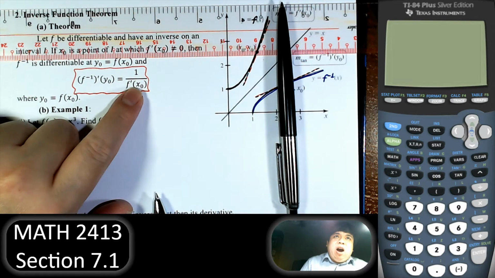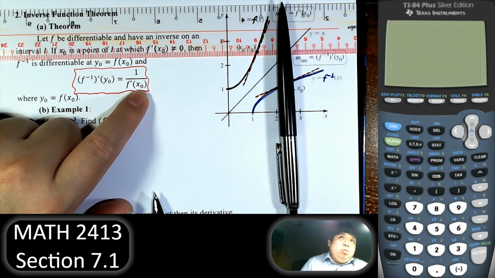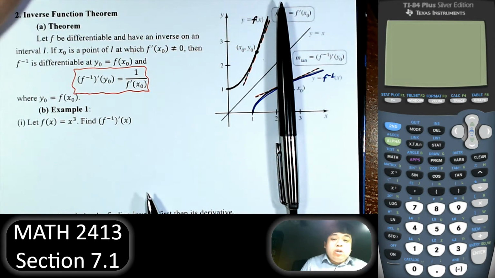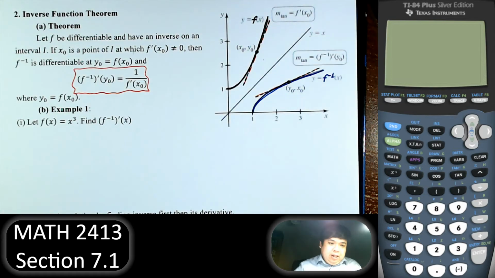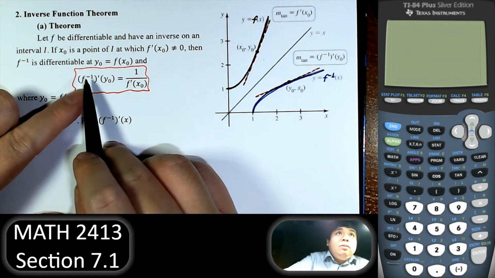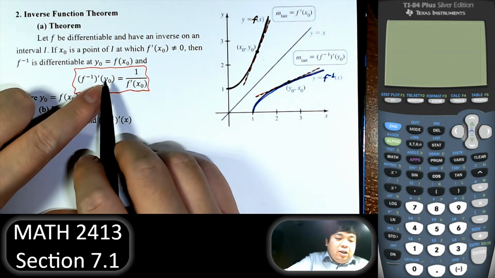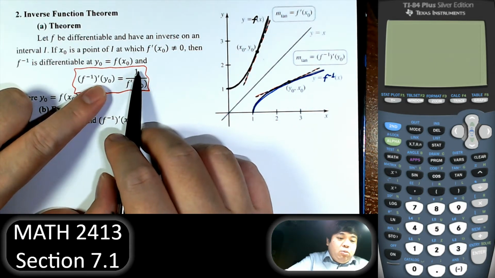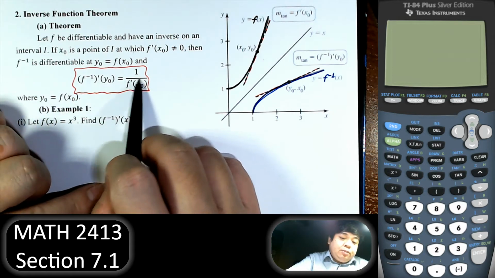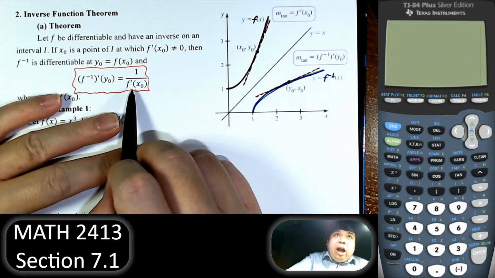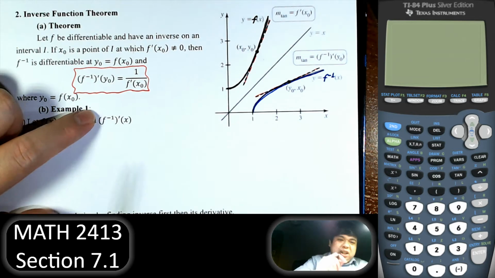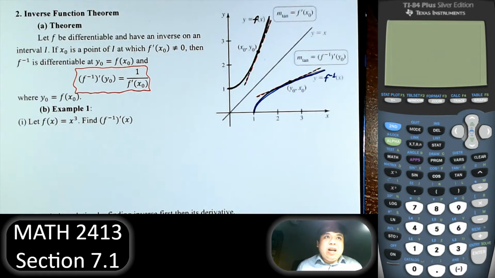Because we divide by it, we don't want that to be 0. That's the point, right? So the derivative of the inverse function is the reciprocal of the derivative. However, this is y, this is x, and there's a little change in that.